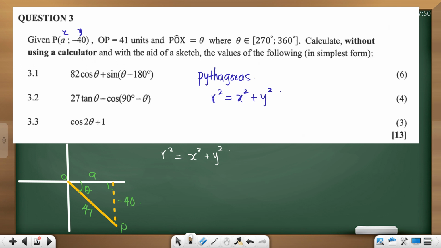It's 6 marks, the first question there. What is A?